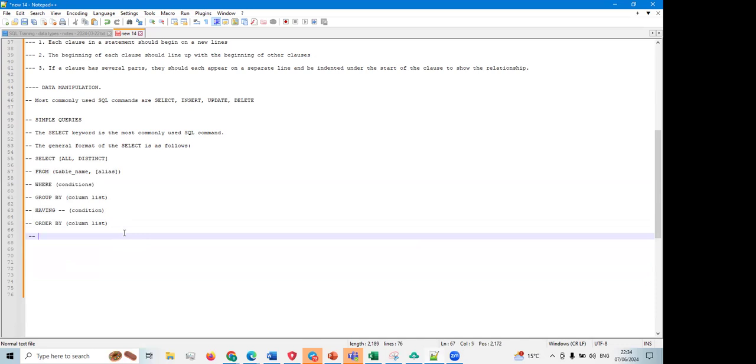So the word from, like I said, specifies a table or tables to be used, or to be selected from.